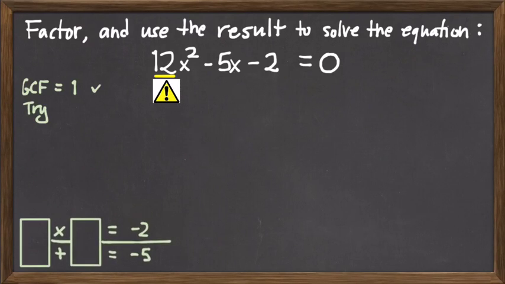So how do I soup up the method? What did you do to get started on this one? Yeah, Gabby. I multiplied negative 2 times 12, and let that be what P and Q have to multiply together to equal. Yeah.